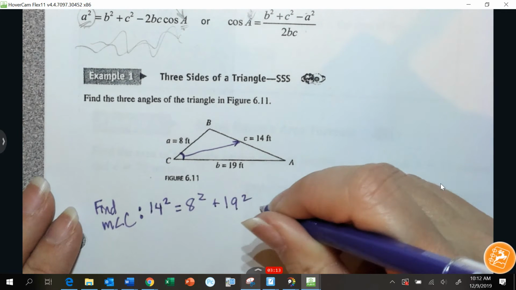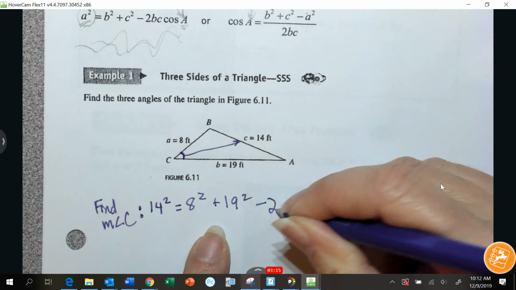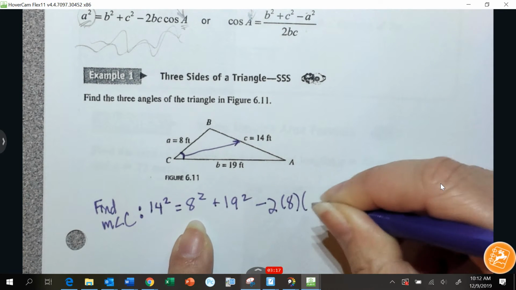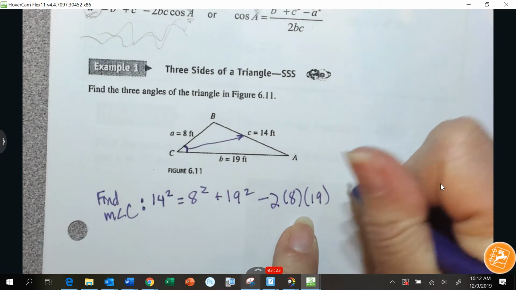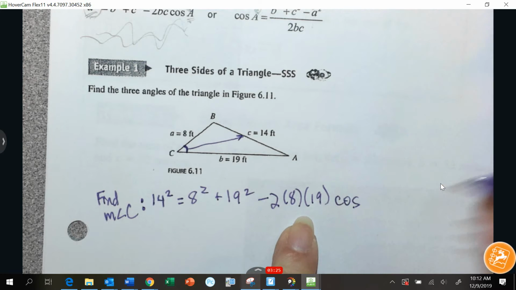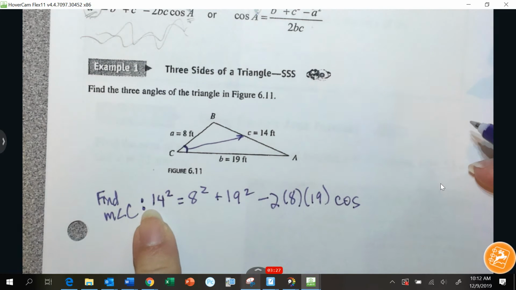We always subtract off 2 times 8 times 19. So you subtract off 2 times the other 2 sides. And then this is law of cosines, so we use cosine of whatever angle was across from 14 squared, which is C.